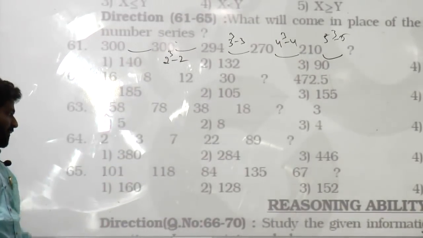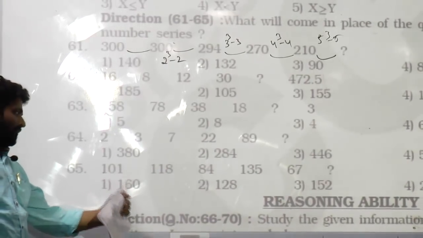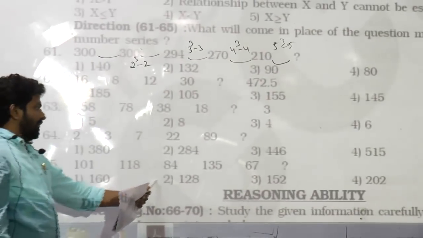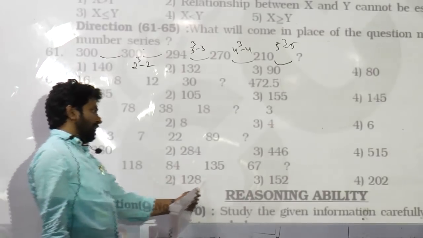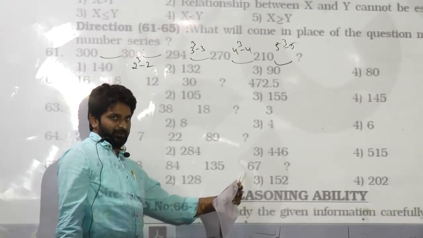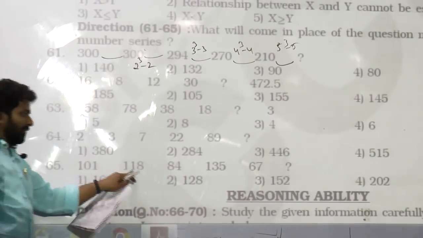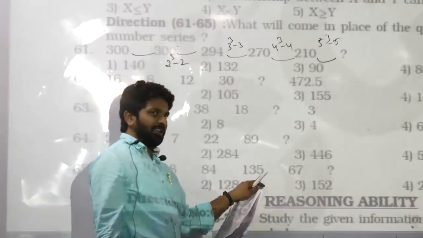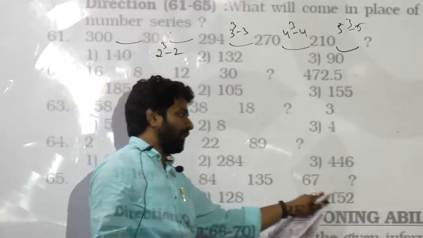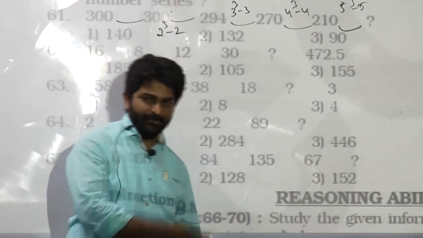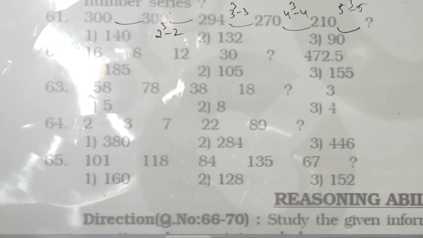Next, plus 17 minus 34 plus 51, 17 into 1 minus 17 into 2 plus 17 into 3 minus 17 into 4 plus 17 into 5, 17 5 times, and then add that number, right?